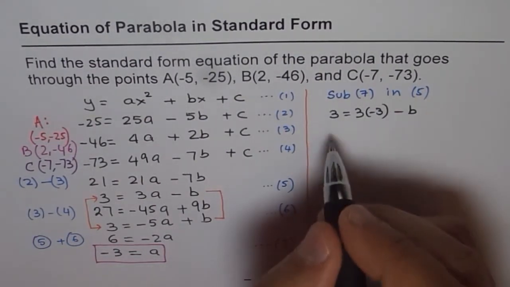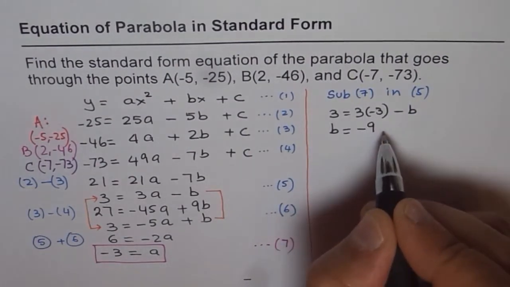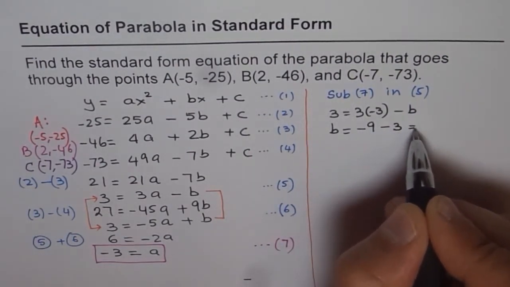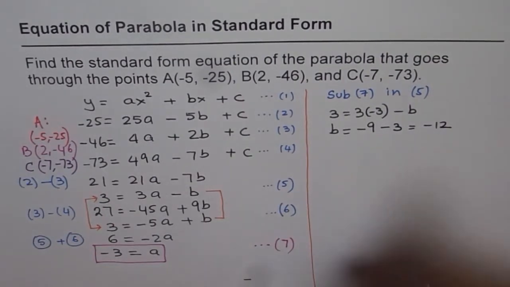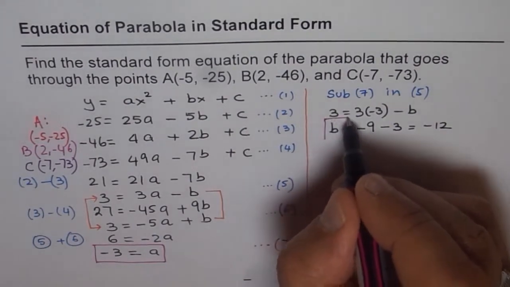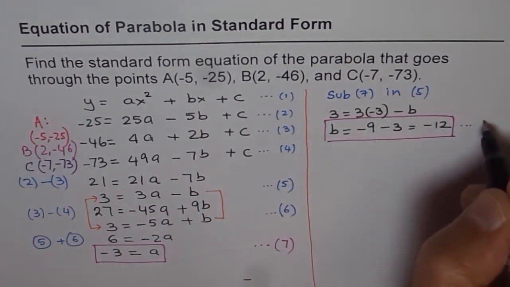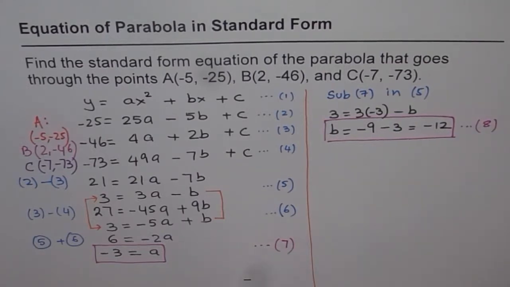So that gives us the value of b. We can bring b here. Minus 3 times 3 is minus 9, and minus 3 equals minus 12. So we get the value of b here, correct? So b is minus 12 for us. Let's call this equation 8.